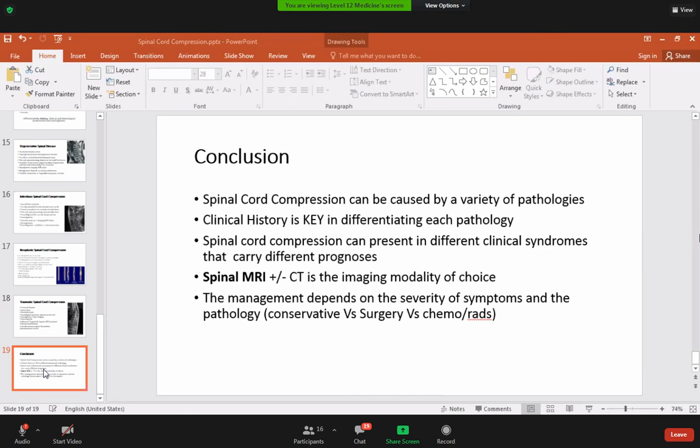And management depends on the severity of the symptoms and the pathology of the disease, especially in cases of neoplastic tumors. We have to go for conservative or surgical treatment, and sometimes in cases of malignancies, we have to go for radiotherapy or chemotherapy even. So this is all about spinal tumors.